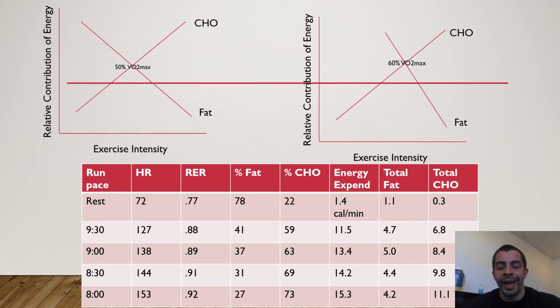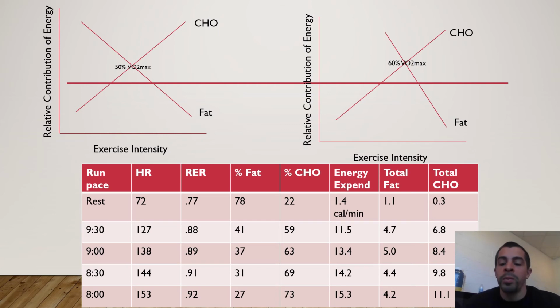However, he's burning a lot more calories. So look at the total energy expended per minute. That is the third column, energy expenditure. At rest, he's burning like 1.4 calories per minute. Of those 1.4 calories, 78% are fat, which means his total fat burn per minute, 78% of 1.4, is 1.1 grams per minute.